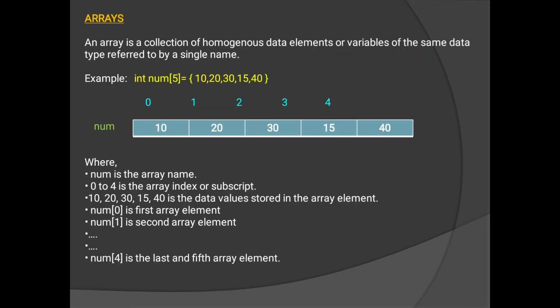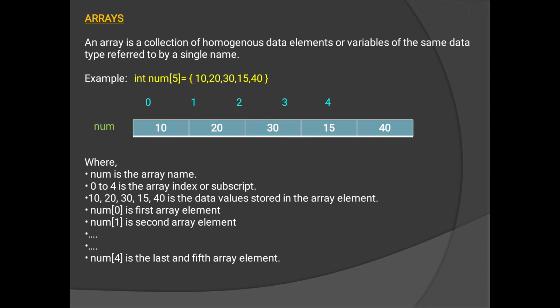So the next topic we have is array. Array is a perfect example of a data structure. So what is an array? An array is a collection of homogeneous data elements or variables of the same data type referred to by a single name. Here is an example: int is the data type, num, and within the square brackets we have the size as 5.